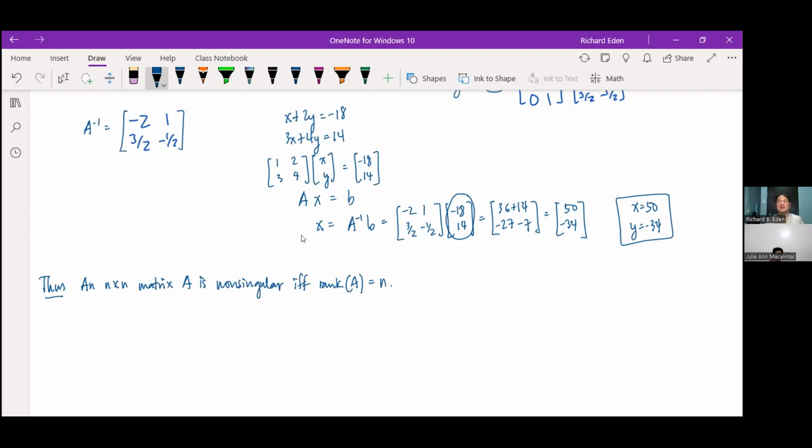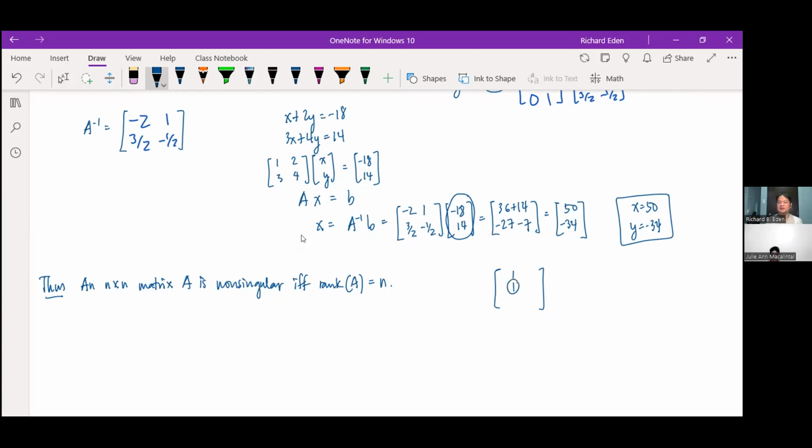So ibig sabihin, if you reduce it to row echelon form, or you perform Gauss-Jordan reduction, then it means that you're going to get n leading ones. Kasi in the first place, there are n rows and n columns. Hindi ko pwedeng may leading one dito tapos sa ilalim may leading one, di ba?